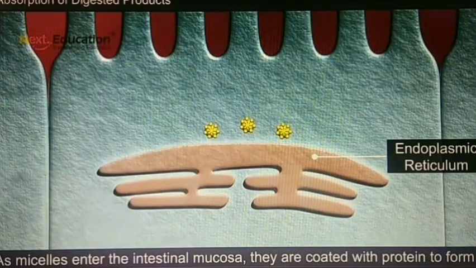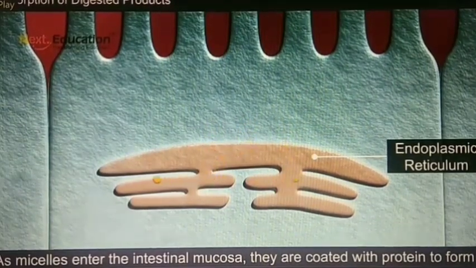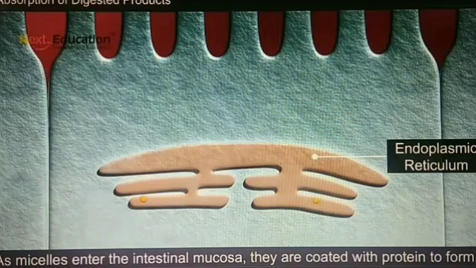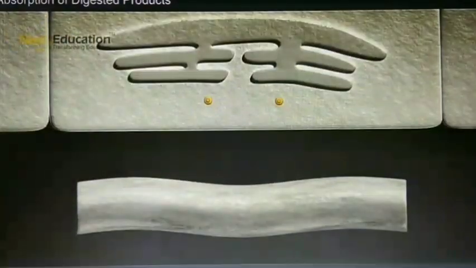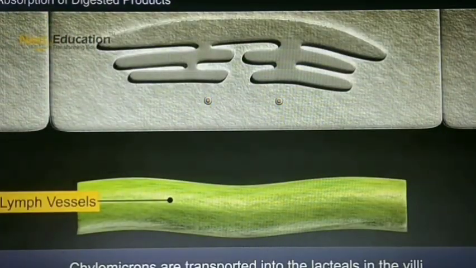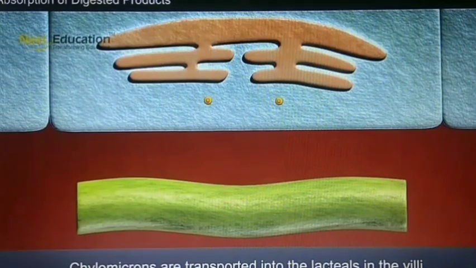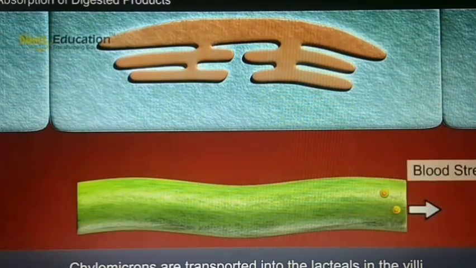These chylomicrons then move into the lacteals present inside the villi. Here they are modified to form chylomicrons, which are transported in the lacteals in the villi, which open into the blood circulation.